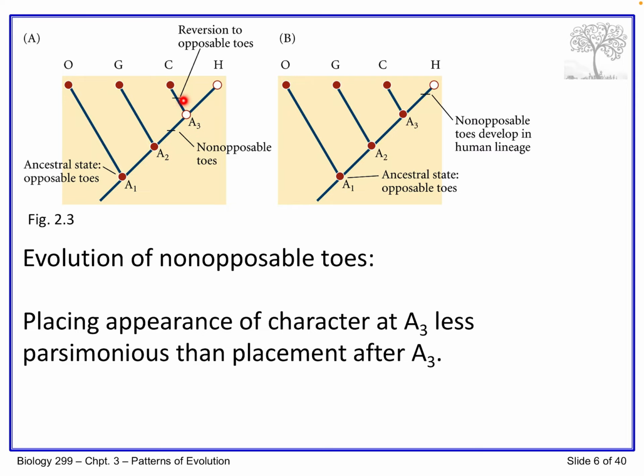Okay, so under this scenario here on the left, we have the evolution of non-opposable toes here. Because it came after the common ancestor with gorillas and orangutans, this says that gorillas and orangutans have opposable toes.